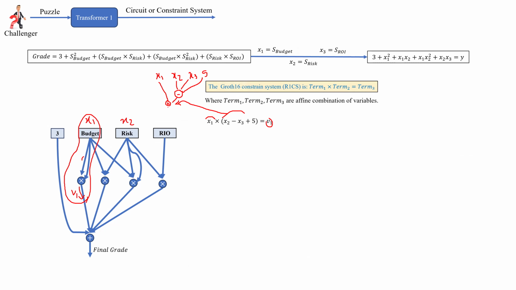So if we multiply these two terms to each other, the output equals 1. And now we want to see if this is a valid constraint in R1CS or not.